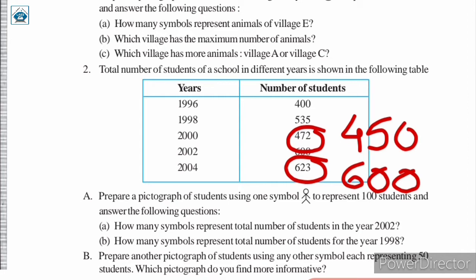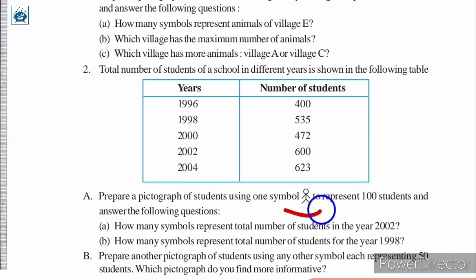We have already discussed the topic of rounding off of numbers. So here in this way we will round off these numbers. Again I am repeating, why are we rounding off? Because according to the symbol we need to represent. So यहाँ पर अगर ये 100 को represent करता है तो we can make it half, that is we can make it 50.